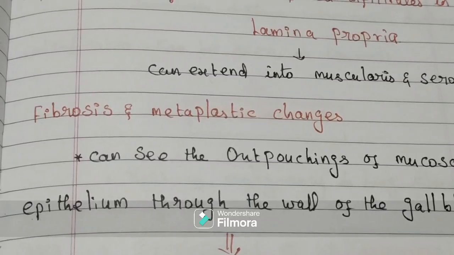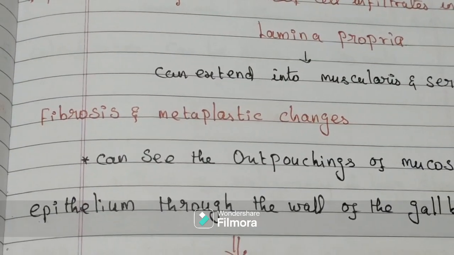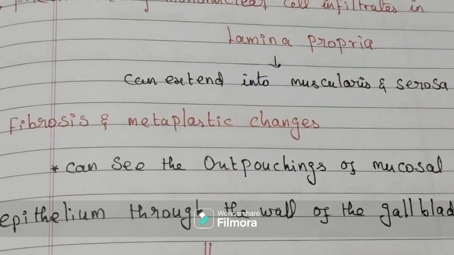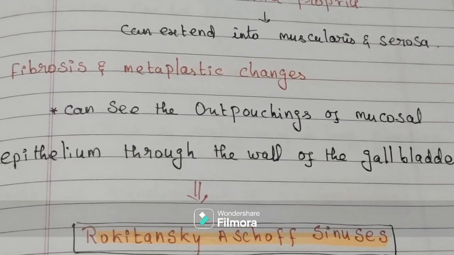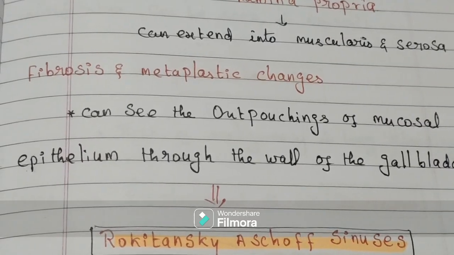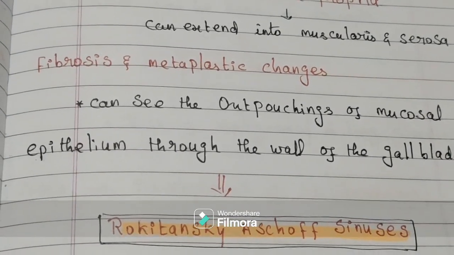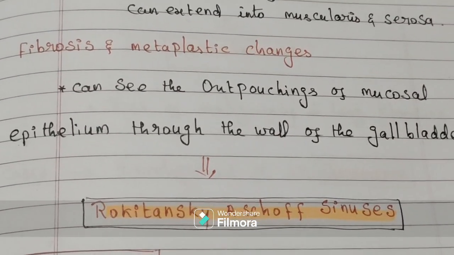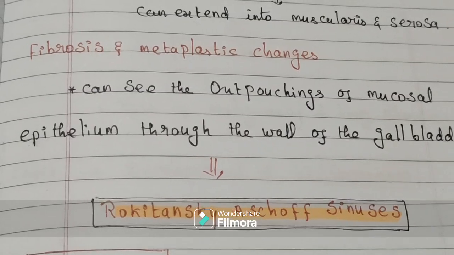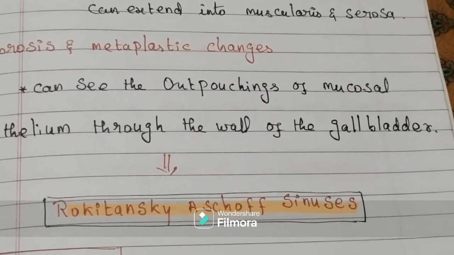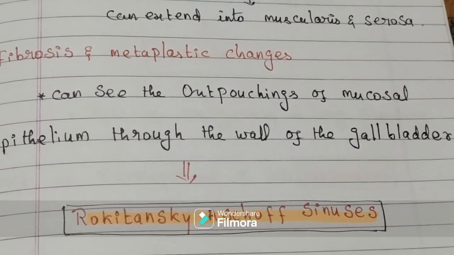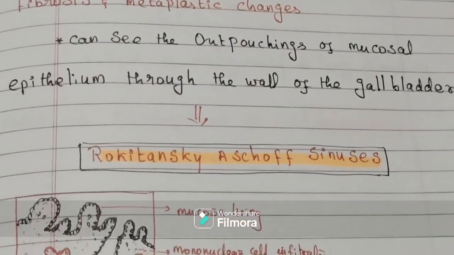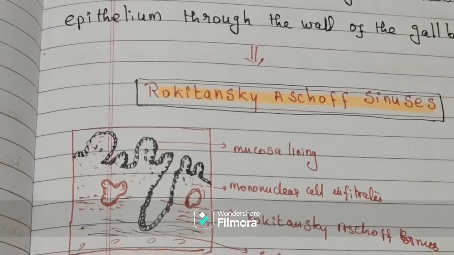We can also see outpouching of mucosal epithelium through the wall of the gallbladder, and these outpouchings are referred to as Rokitansky-Aschoff sinuses.